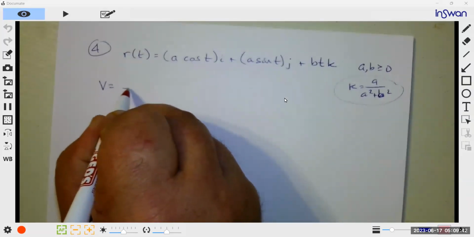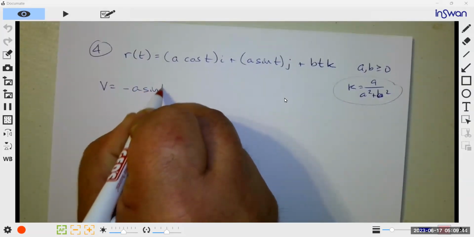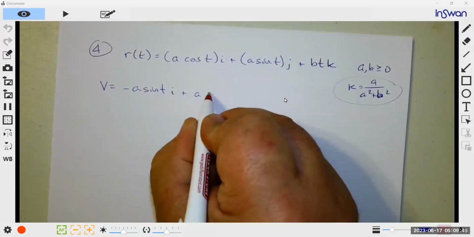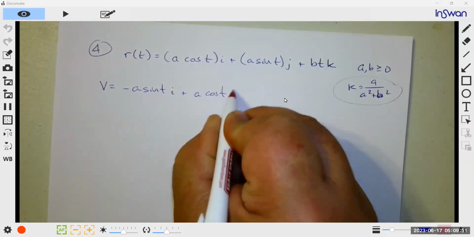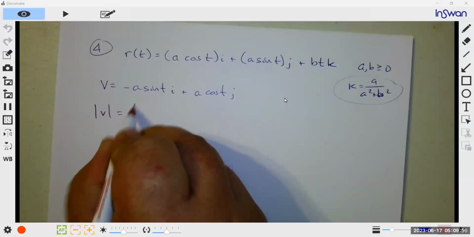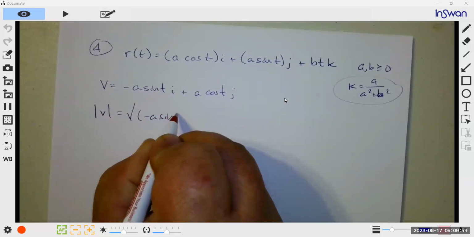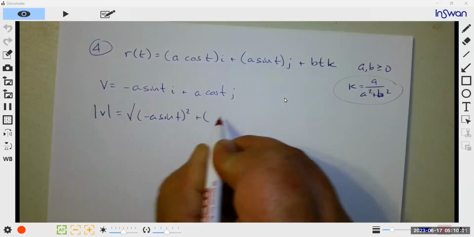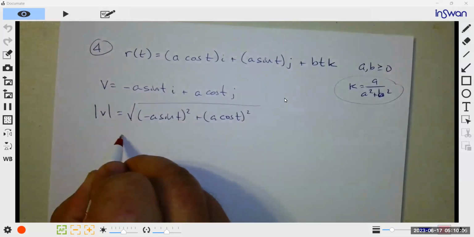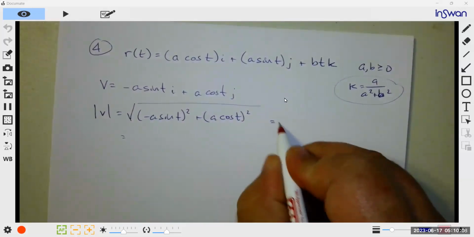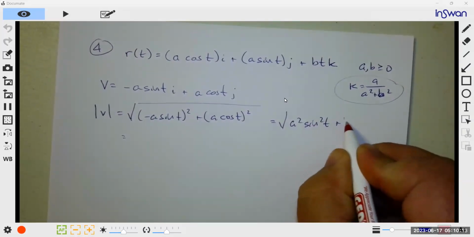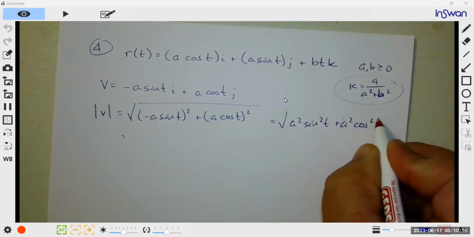Derivative of cosine is negative sine. Derivative of sine is cosine. The magnitude, we know it's going to be a squared sine squared plus a squared cosine squared.